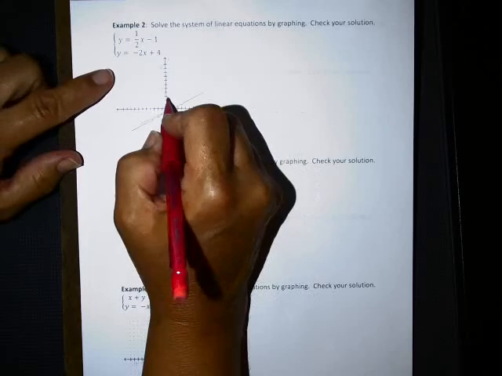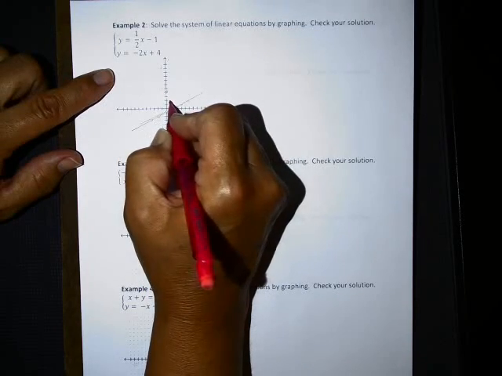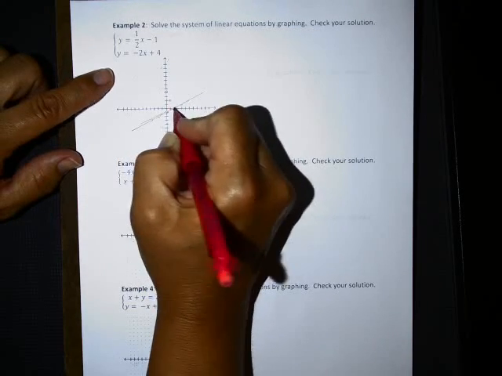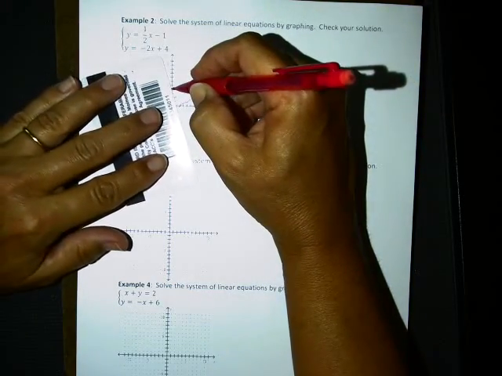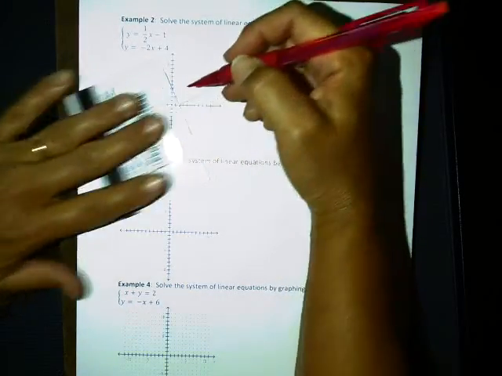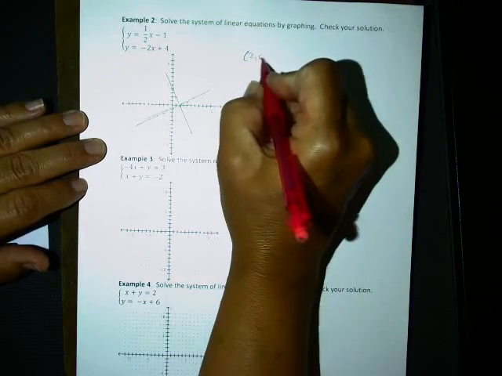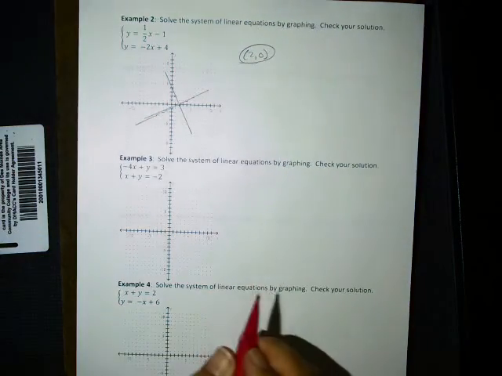My second equation starts at 4 and goes down 2 over 1. So I can see right there that it's going to intersect right here on the x-axis at the point 2, 0. So my solution to my system is 2, 0.